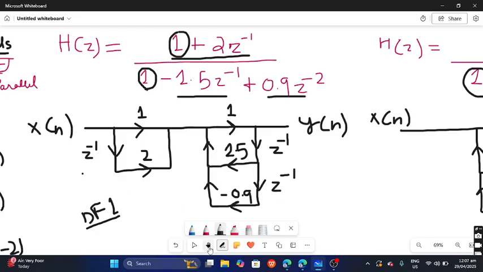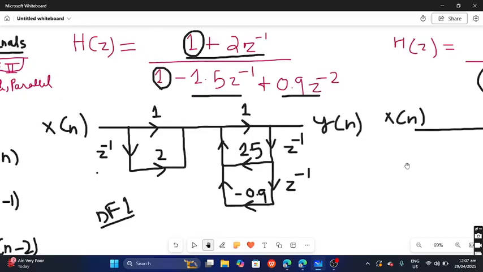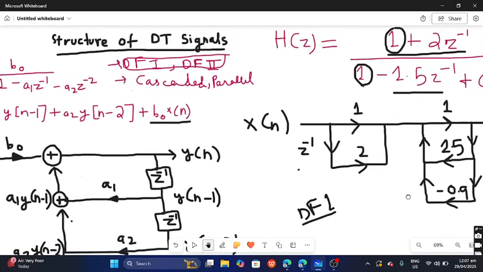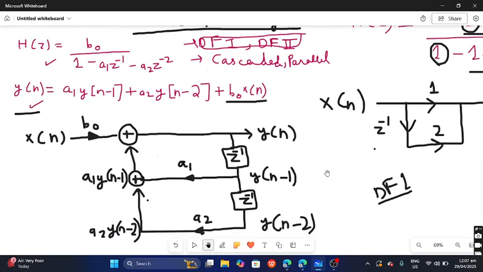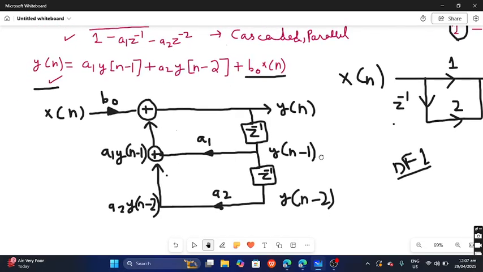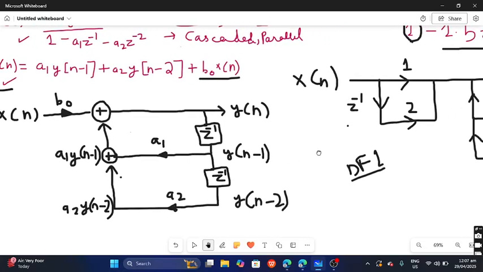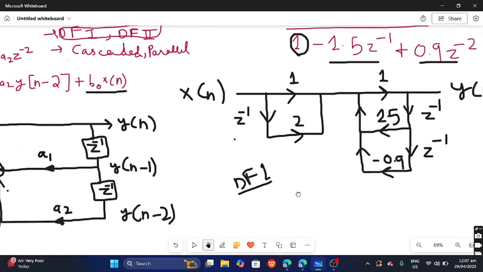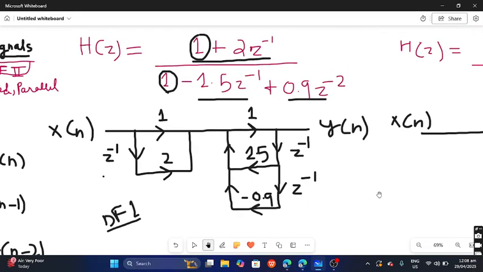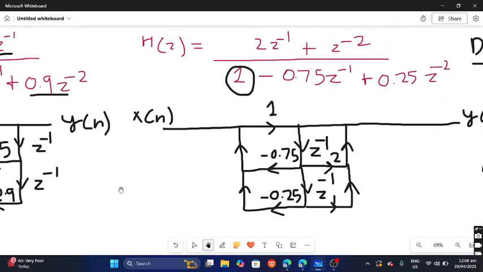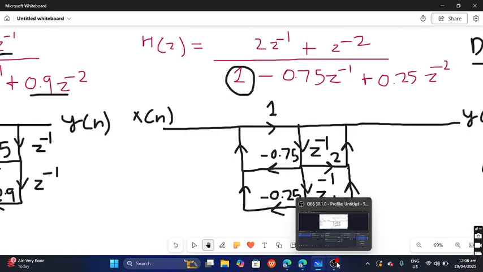In DF2 the delay gets common, and this is a single example, meaning it is not a direct form. We have to make the block diagram. It is a type of block diagram, and DF1 is a direct way and DF2 is another method. That's all.